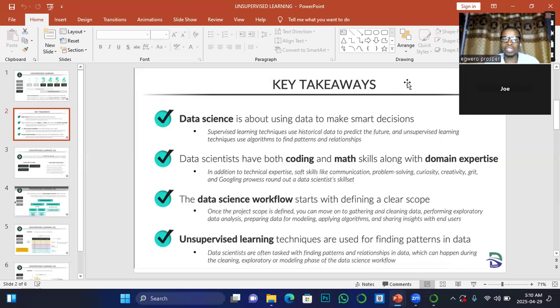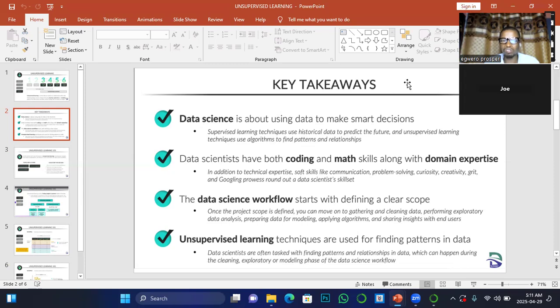We should always know that data science is about using data to make smart decisions, whether it is machine learning or data analysis. We should bear it at the back of our mind that data science is about using data to make smart decisions. So the supervised learning techniques use historical data. That is one thing we have learned, that under supervised, we use historical data to predict the future. And under unsupervised learning, we use techniques.